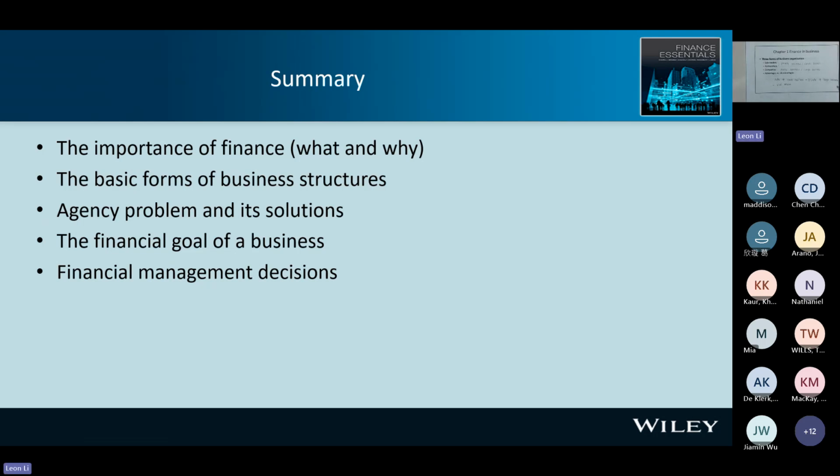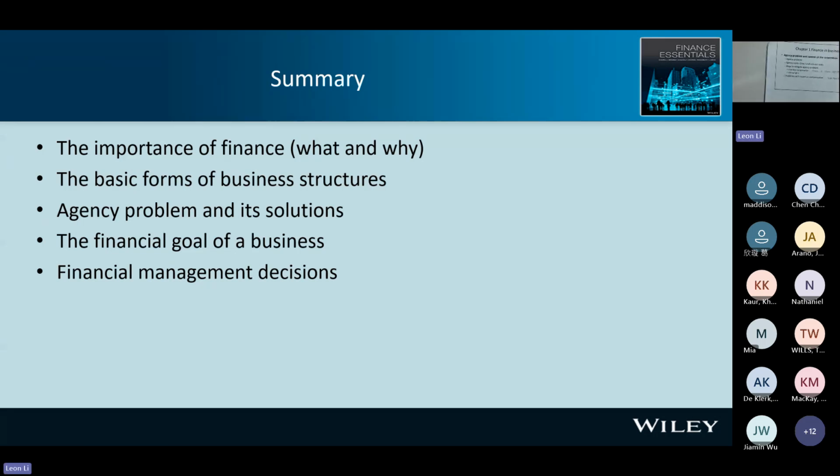We have sole trader and partnership, for private business or small business. And the company is a public business or large business. And I know the advantage and the disadvantage for each form of business. And this is the point: advantage of small business will be disadvantage of large business, and vice versa.